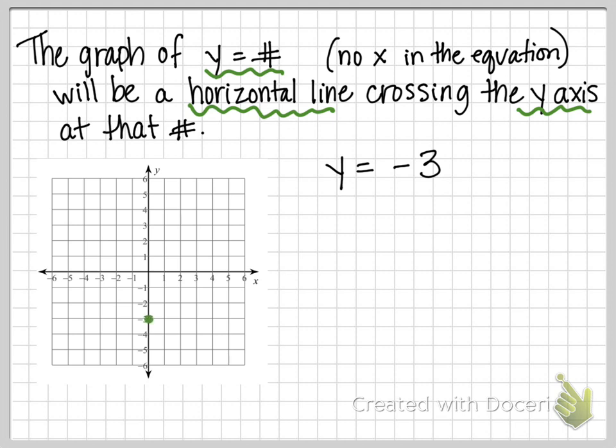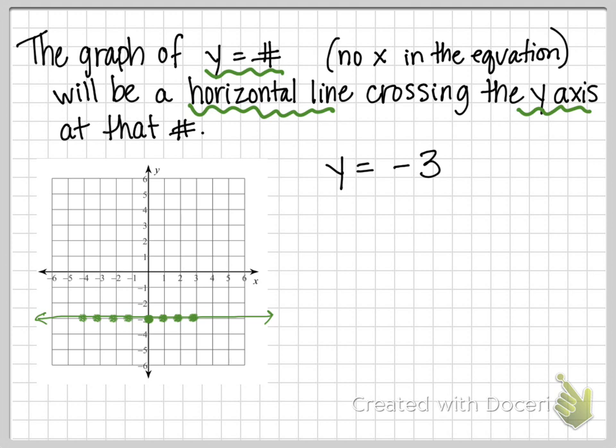And it's going to be a horizontal line. Because what this is saying is that no matter what your x equals, y is always going to equal negative 3. So it makes a horizontal line crossing the y-axis at negative 3.